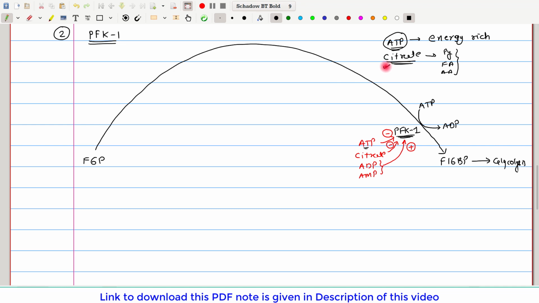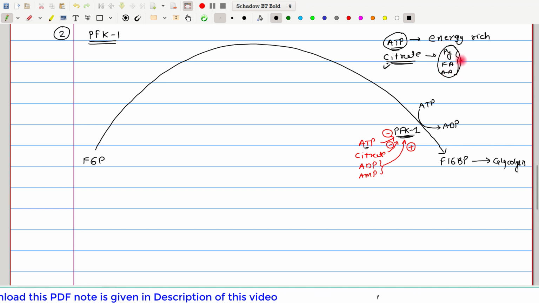So when we have enough citrate, it is an indirect indication that enough of these foodstuffs are undergoing energy metabolism. So citrate is also suggesting an energy-rich state, and that's why it is inhibiting phosphofructokinase 1 and making sure that no glycolysis occurs in an energy-rich state.